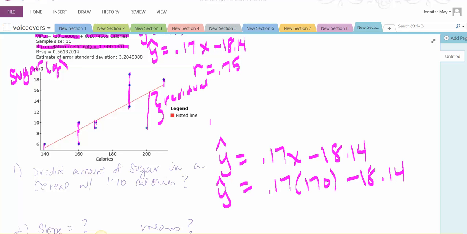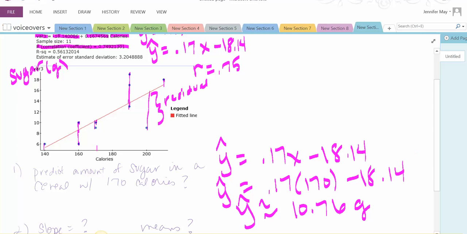Sorry if there's some dead space there. I'm having problems with my computer today. Okay, I'm probably having problems with myself. So I end up with a predicted value of about 10.76 grams or 11 grams.